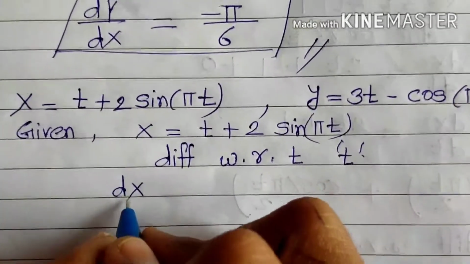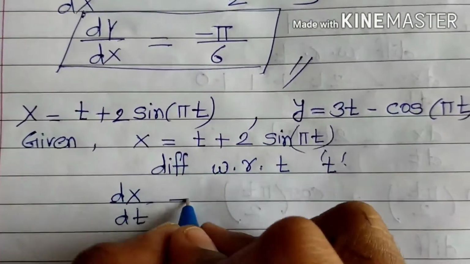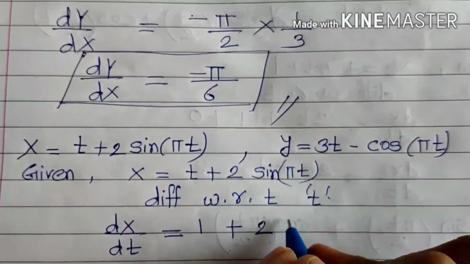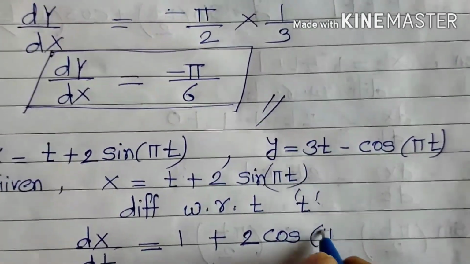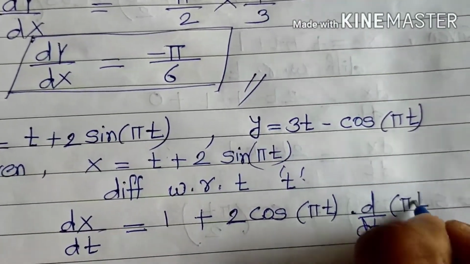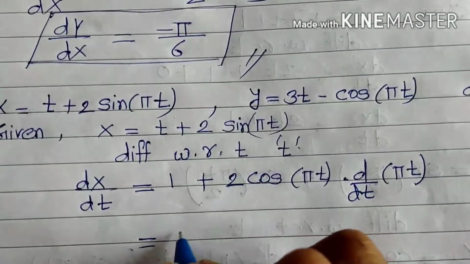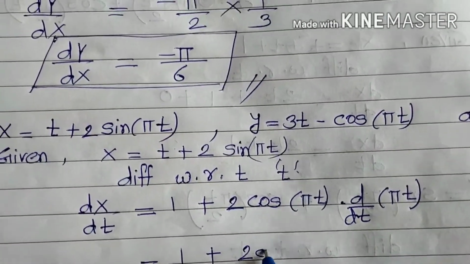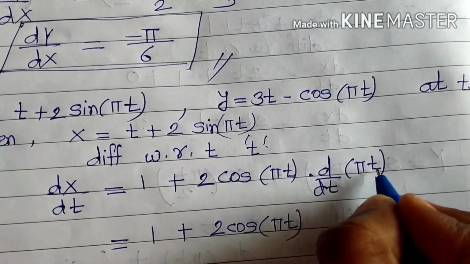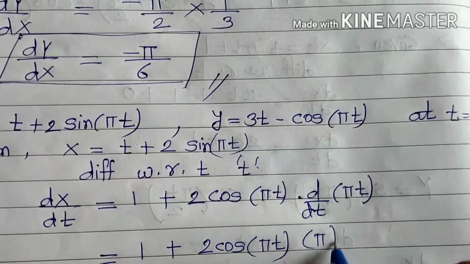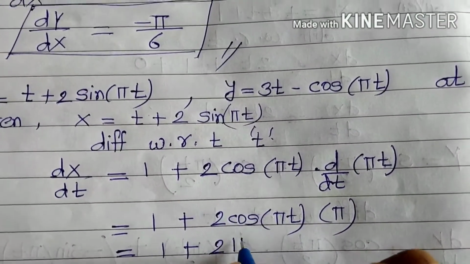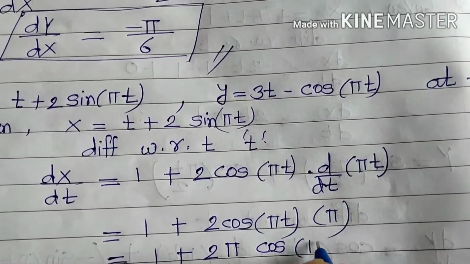Differentiation of t is 1, plus 2, differentiation of sin is cos, so cos pi t into differentiation of pi t. Pi is constant, differentiation of t is 1, so you will get only pi. So write it as 1 plus 2 pi cos pi t.